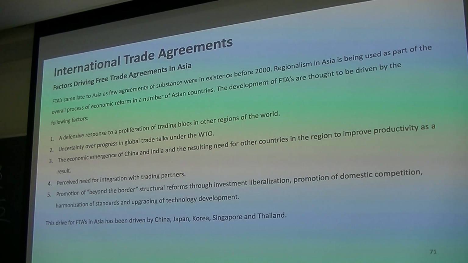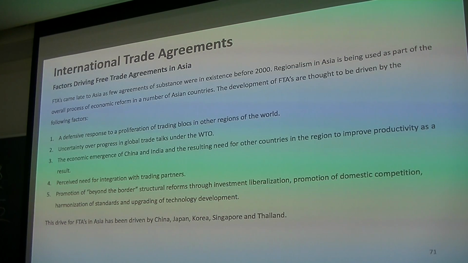The Asian countries are seeing an increase in trading blocs in other regions of the world. Asia's realizing it doesn't want to get left out. Of course, the emergence of China and India is forcing other countries to follow suit.